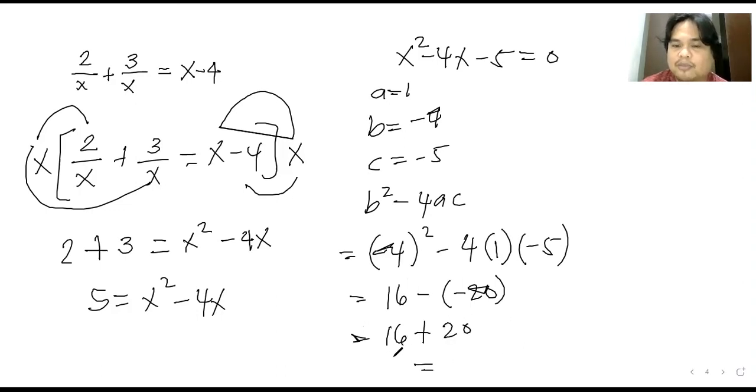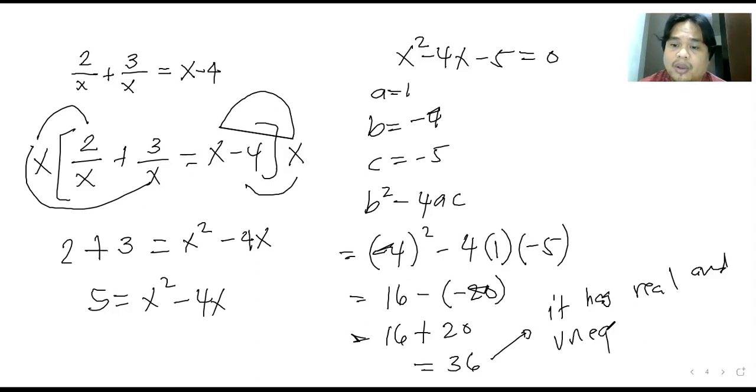So all in all, 16 plus 20, you have 36. Again, what we get here is a positive number, positive 36. So I could say once again that it has real and unequal roots, or it has two unique solutions.